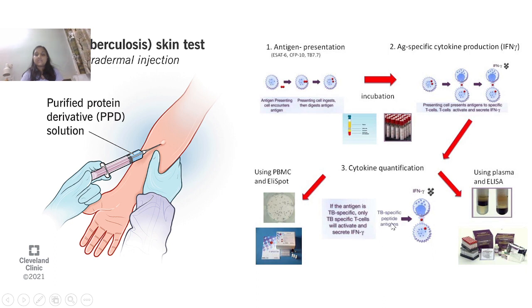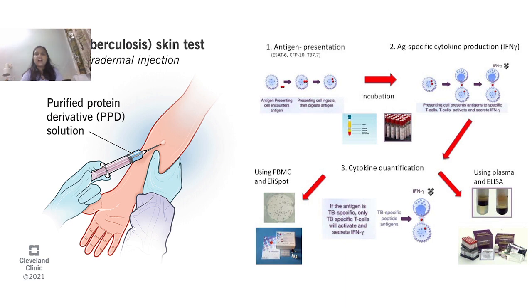Here you can see TB specific peptide antigens are kept, and there will be production of IFN gamma, and using different procedures like ELISA or the ELISpot assay, you can identify how much cytokine is produced.